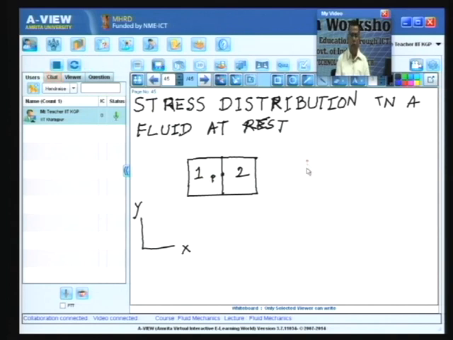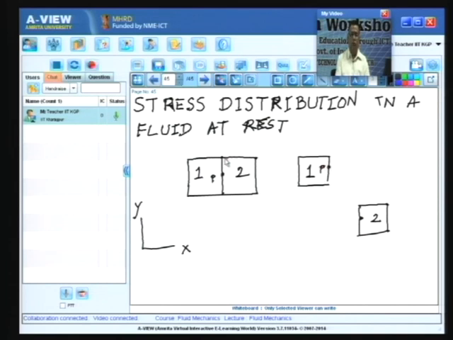So, let us show that using a free body diagram. So, if this is the element 1, and we will show separately the free body diagram of this 2. Now, this point P will appear in both the figures.